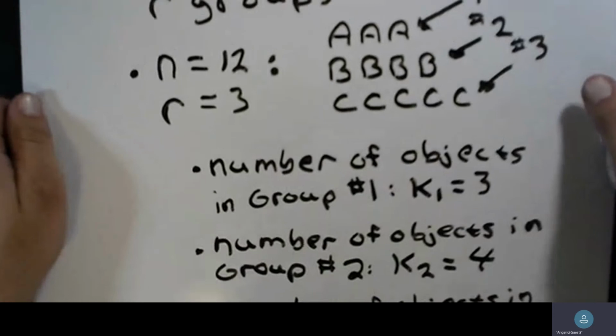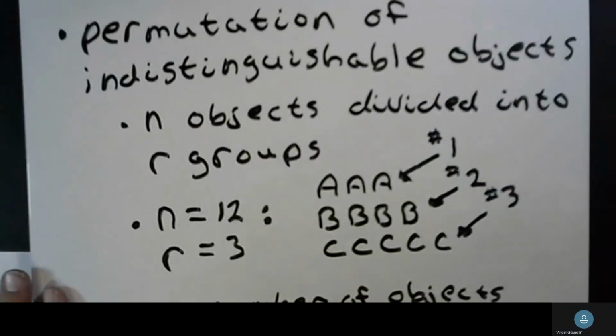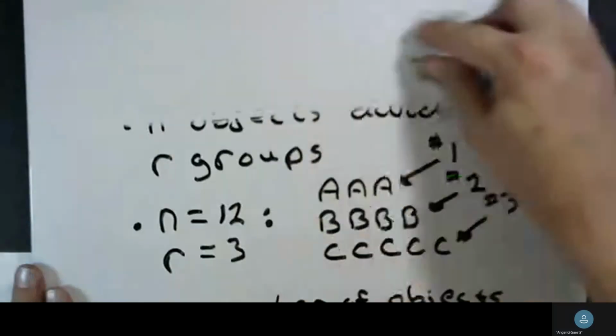These are indistinguishable in the sense that the A's all look the same, the B's all look the same, and the C's all look the same.